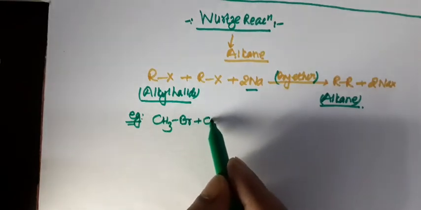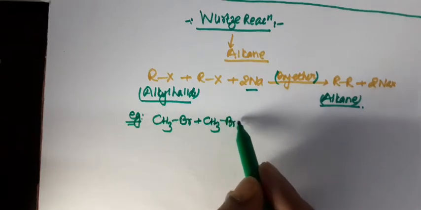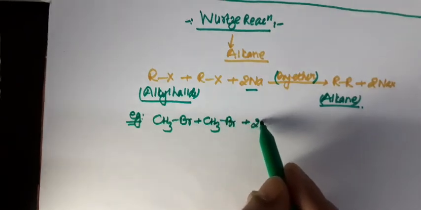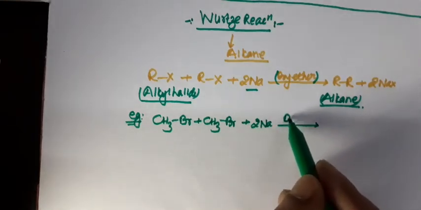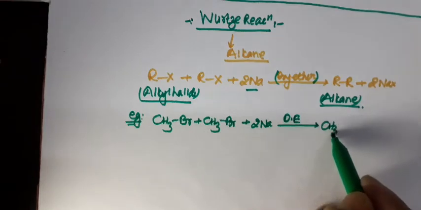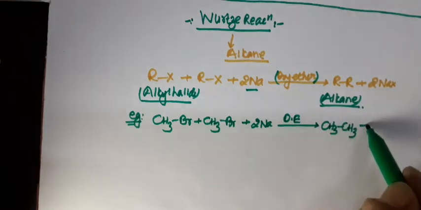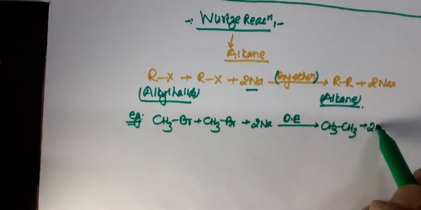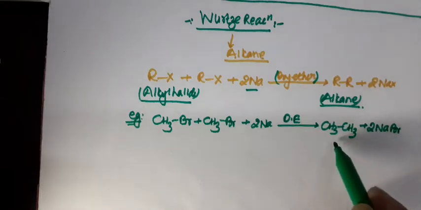Both the alkyl part must be same, halogen must be same, 2Na, and this is dry ether. It liberates the formation of alkane ethane and two molecule of sodium bromide.